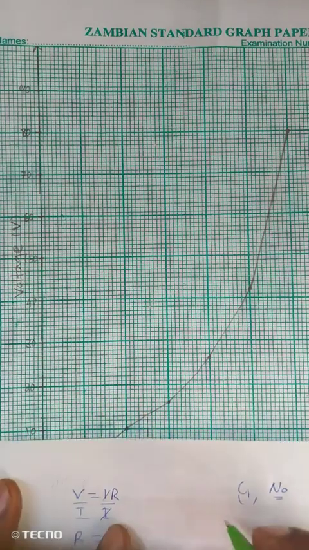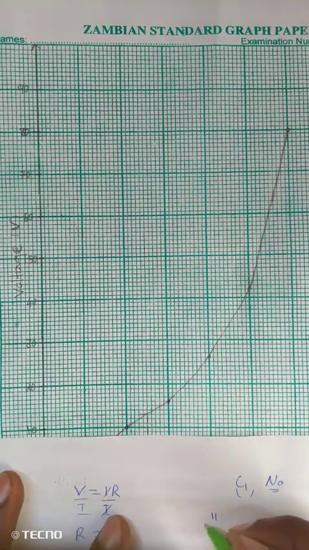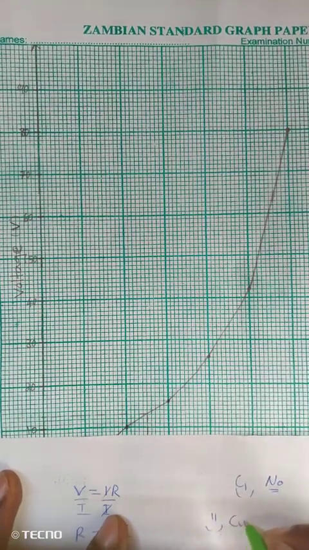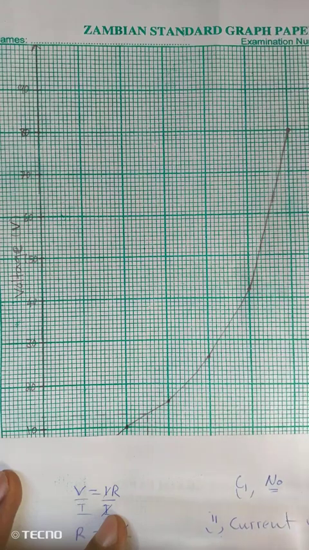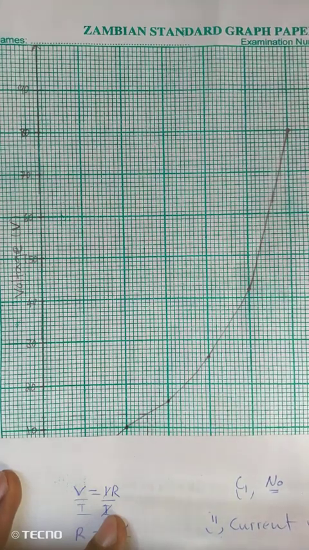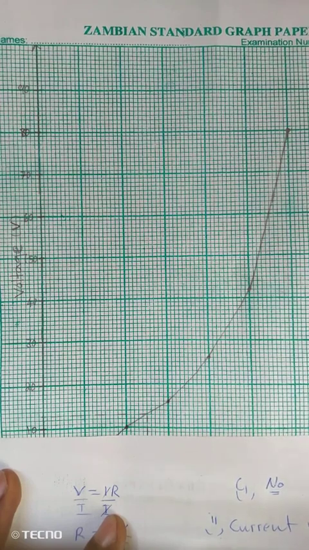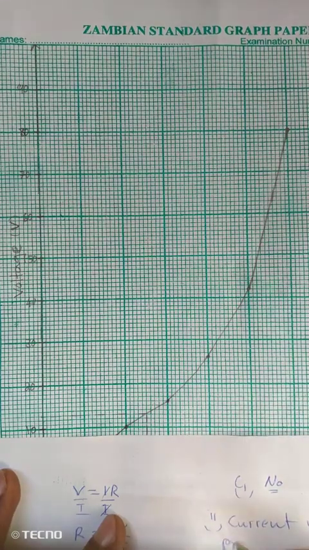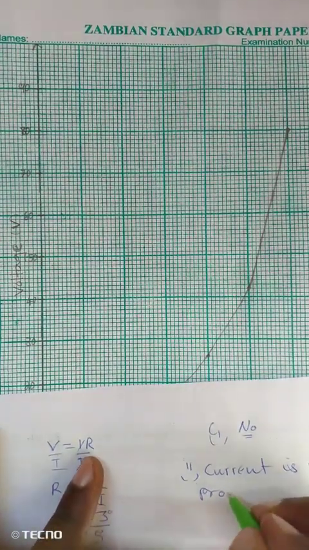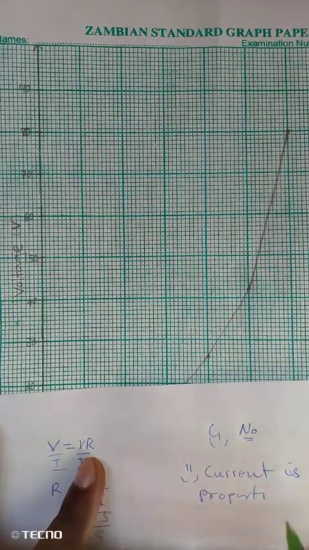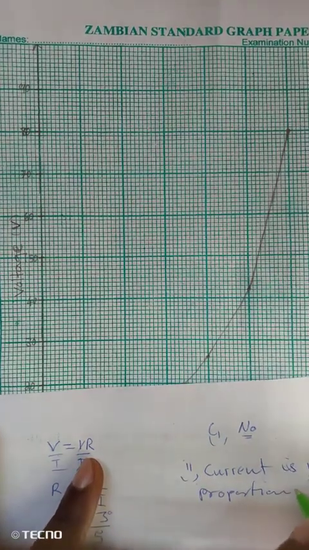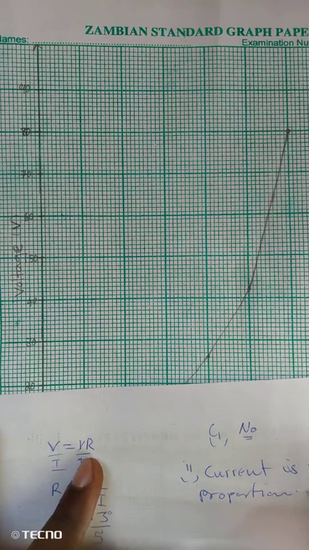So for C2, to justify our answer, we'll say: because current is not directly proportional to voltage.